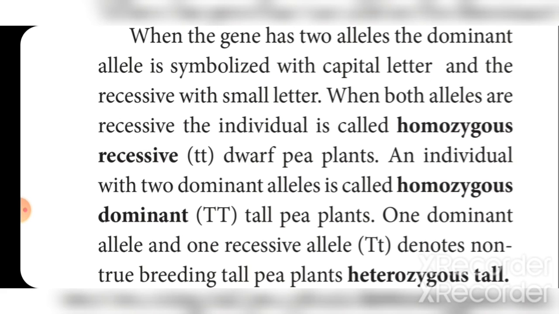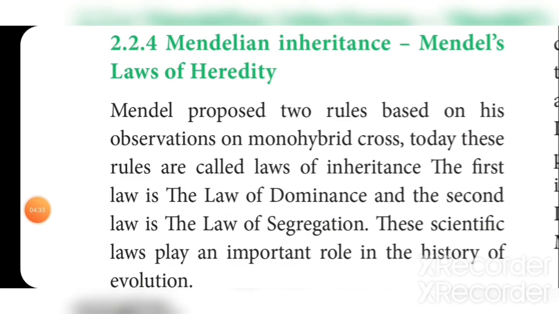Individuals with two dominant alleles are called homozygous dominant, capital T, tall pea plants. One dominant allele and one recessive allele, capital T small t, denotes non-true breeding tall pea plants, which are known as heterozygous.